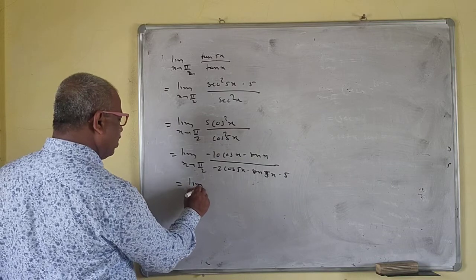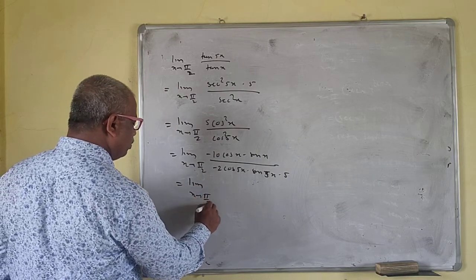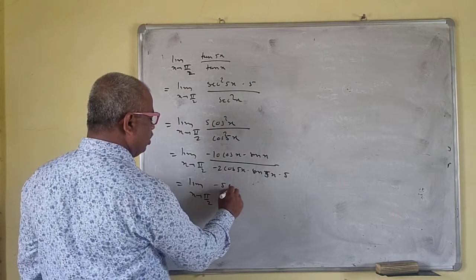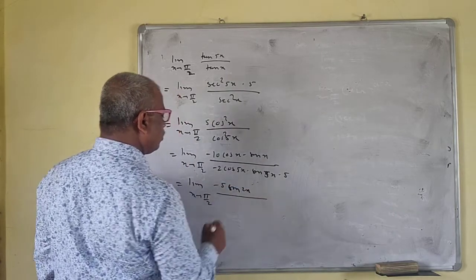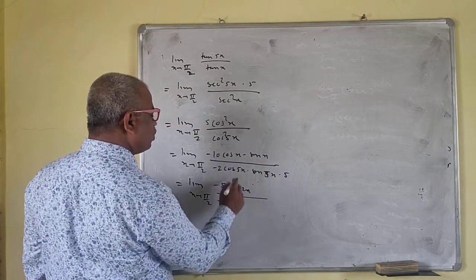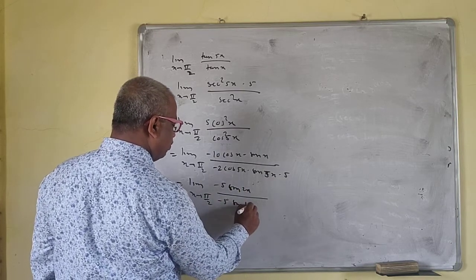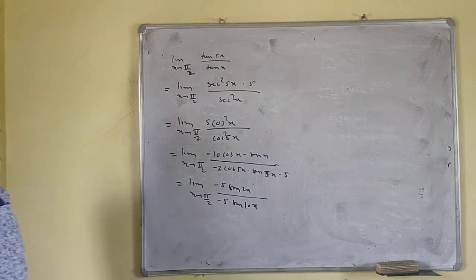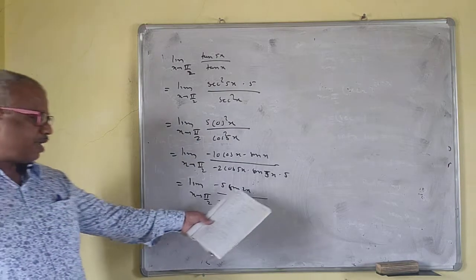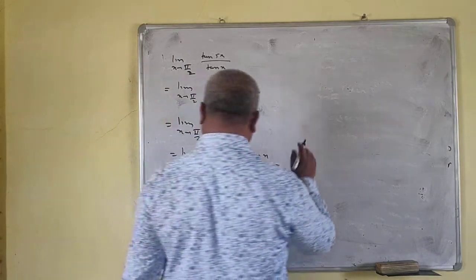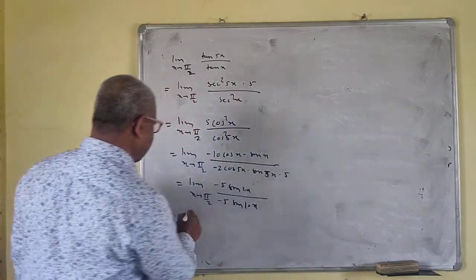This is limit x tends to pi by 2, minus 5 sin 2x upon minus 5 sin 10x. But sin pi is 0, so we take one more derivative of this. Minus minus gets cancelled.